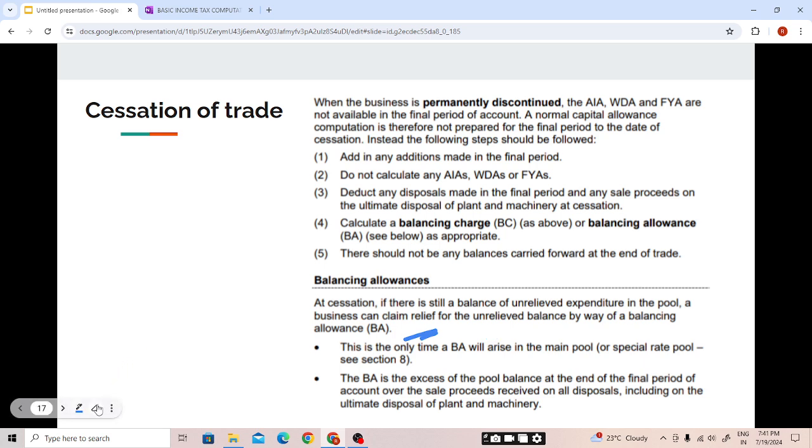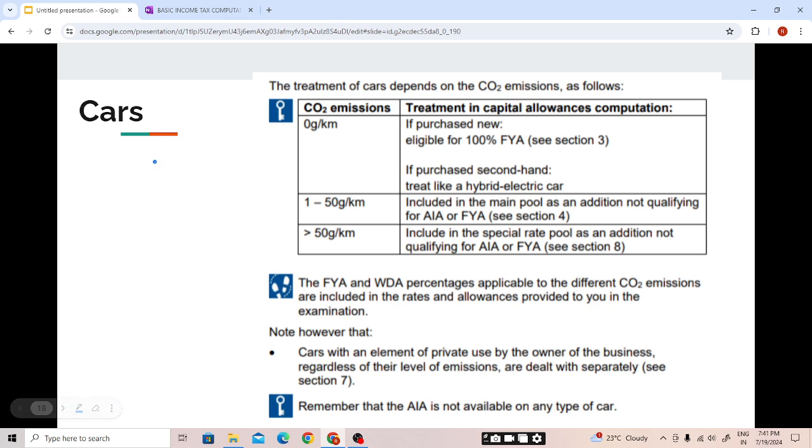Then we had seen, students, for cars, if purchase of 100% new, 100% FIA will be available for a new purchase of a zero CO2 emission car. If a second hand car that is of zero CO2 emission is purchased, it will be under the main pool.